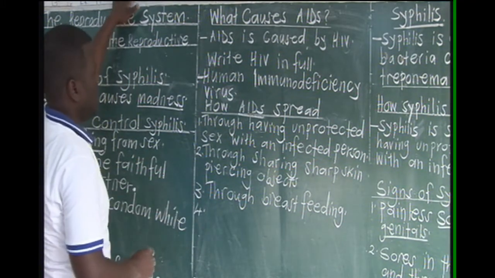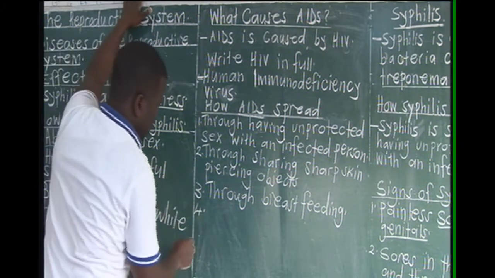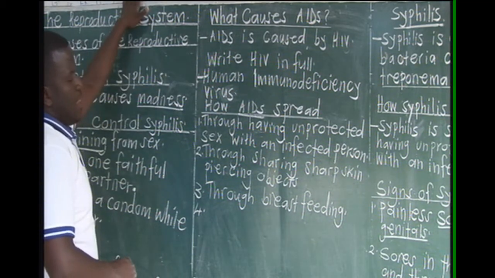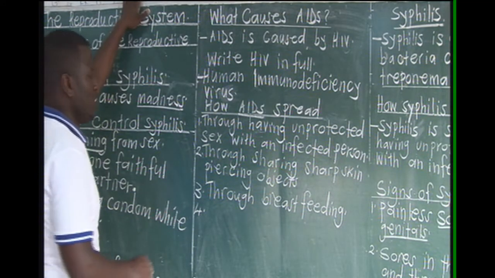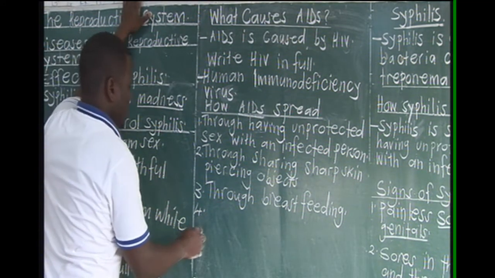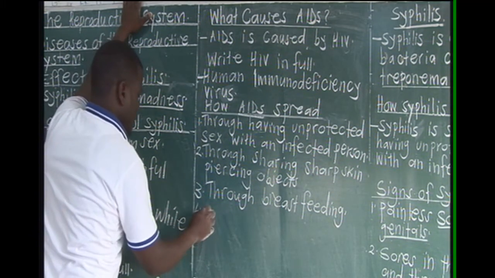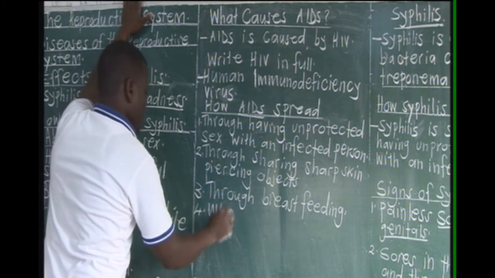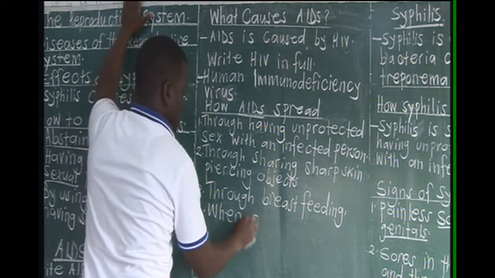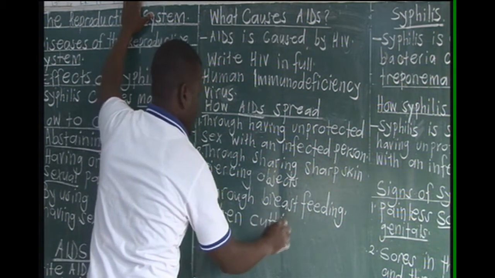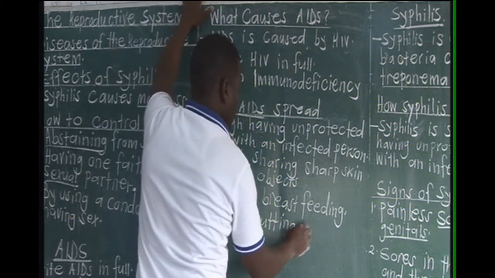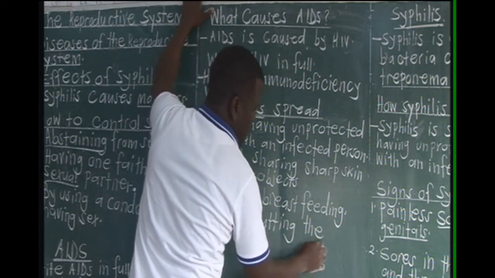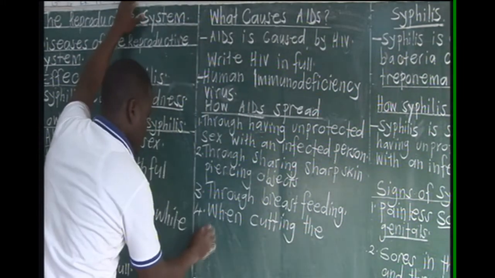Then HIV or AIDS can be spread when they are cutting the umbilical cord during birth or at birth, during delivery.